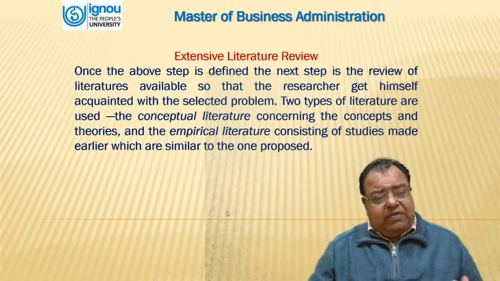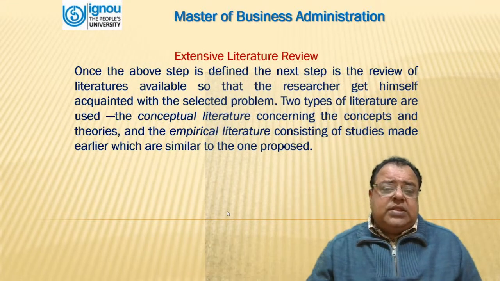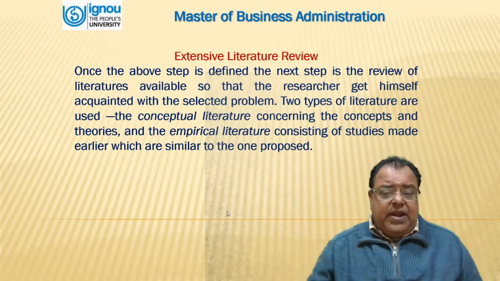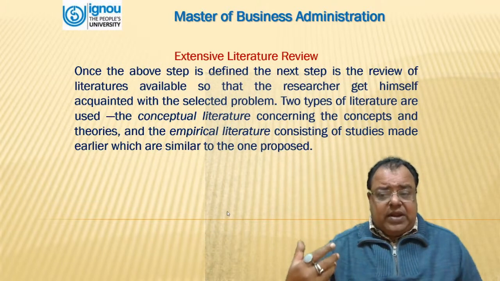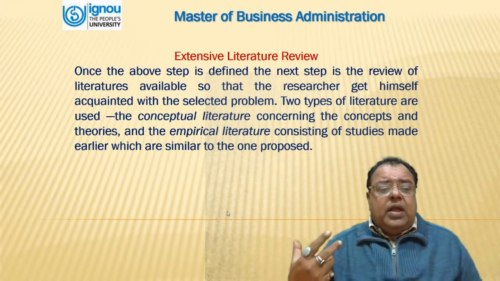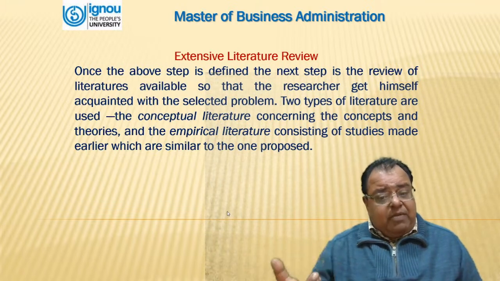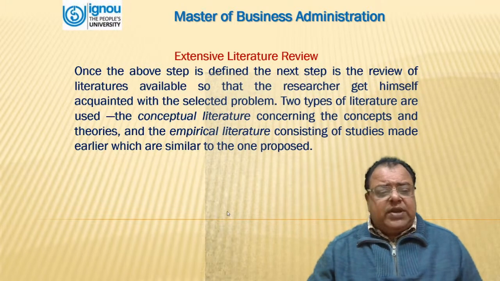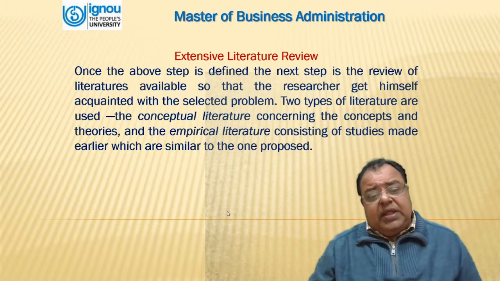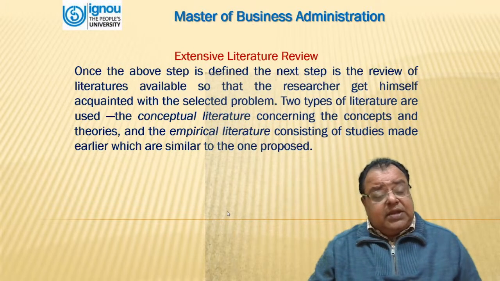Extensive literature review. Once the above setup is defined, the next step is the review of available literature so that the researcher gets acquainted with the selected problem. Two types of literature are used. The conceptual literature concerning the concepts and theories.